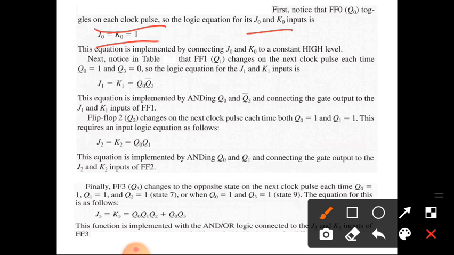The second flip-flop Q1 changes on the next clock pulse each time Q0 is equal to 1 and Q3 is equal to 0. So the J and K1 value will be Q0, Q3 bar. Q3 is equal to 0, so it is Q3 bar. The equation becomes Q3 bar, so it is given to the J and K1 inputs of the flip-flop.